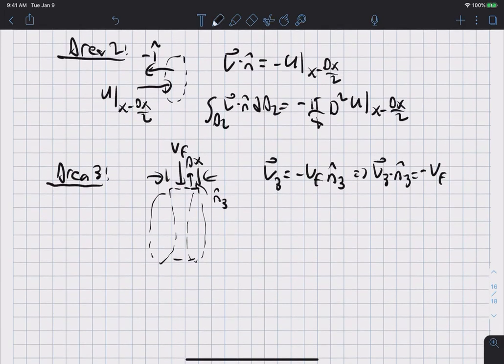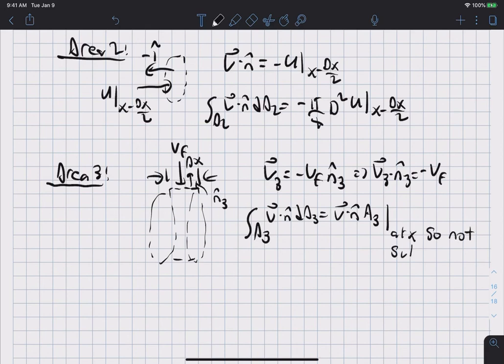Then the integral over A3 of v dot n hat dA3 equals v dot n hat times A3. This is at x, so no subscript.